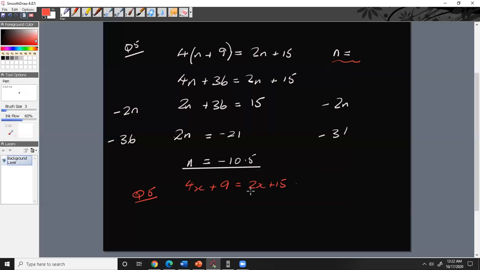So you're going to take away 2x, so 2x plus 9 is equal to 15. You're going to take away 9, so 15 minus 9 is 2x is equal to 6, so x is equal to 3. That was actually the correct answer, but you can see what's happened here. I've put brackets in when there were no brackets. But anyway, 2 questions for the price of 1 there, so that's okay.